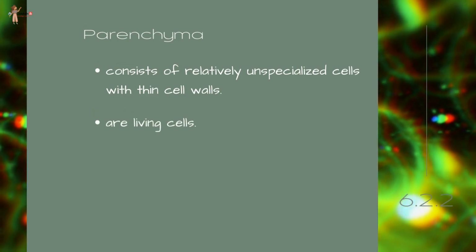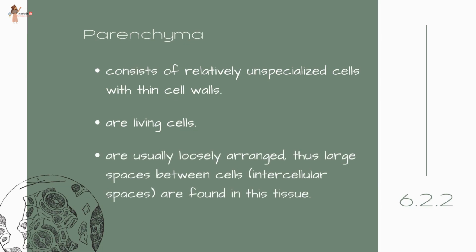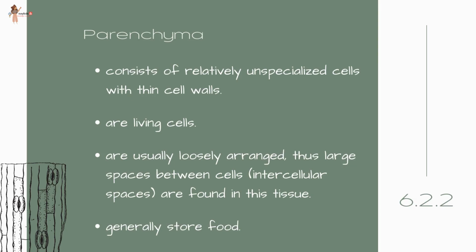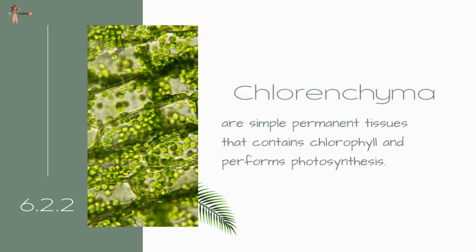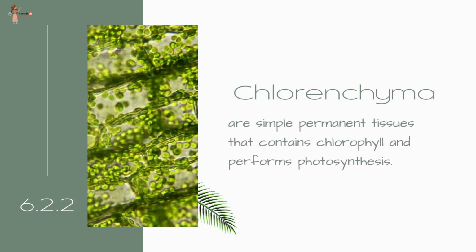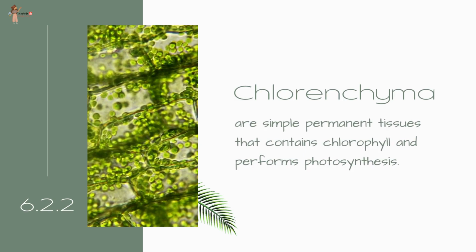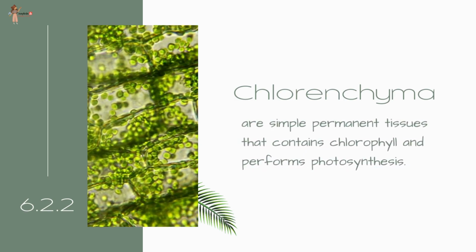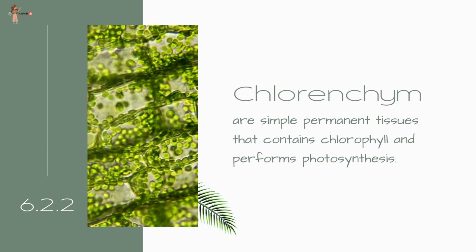They are living cells. They are usually loosely arranged, thus large intercellular spaces are found in this tissue. This tissue generally stores food. In some situations, it contains chlorophyll and performs photosynthesis, and then it is called chlorenchyma.